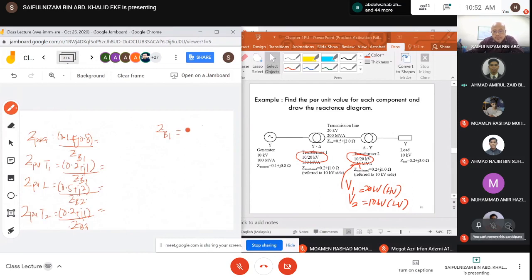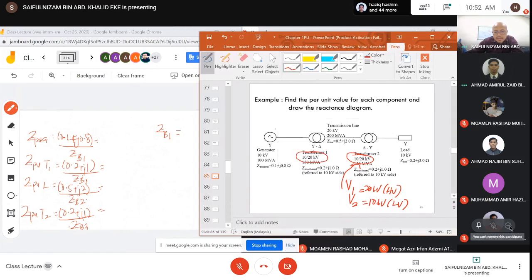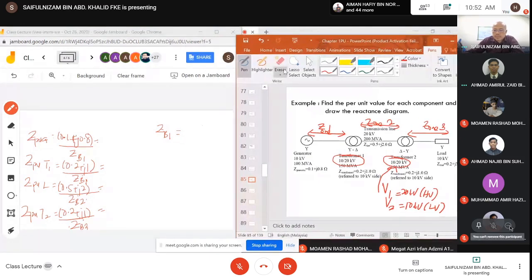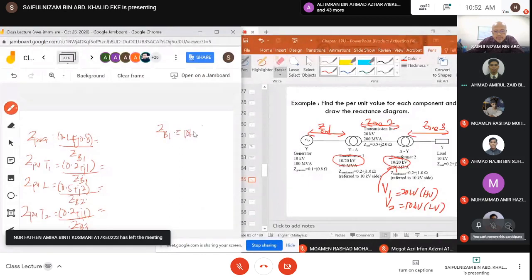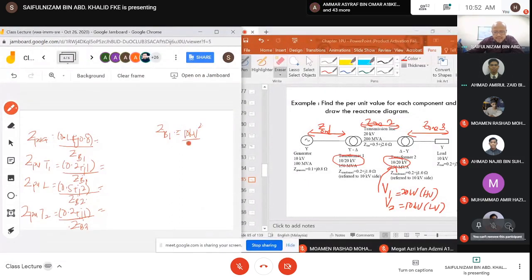Okay, ZB1 equals V1 squared over S base. This is zone 1, this is zone 2, and this is zone 3. So ZB1 equals V squared over SB, equal to 10 kV squared over 100 MVA.